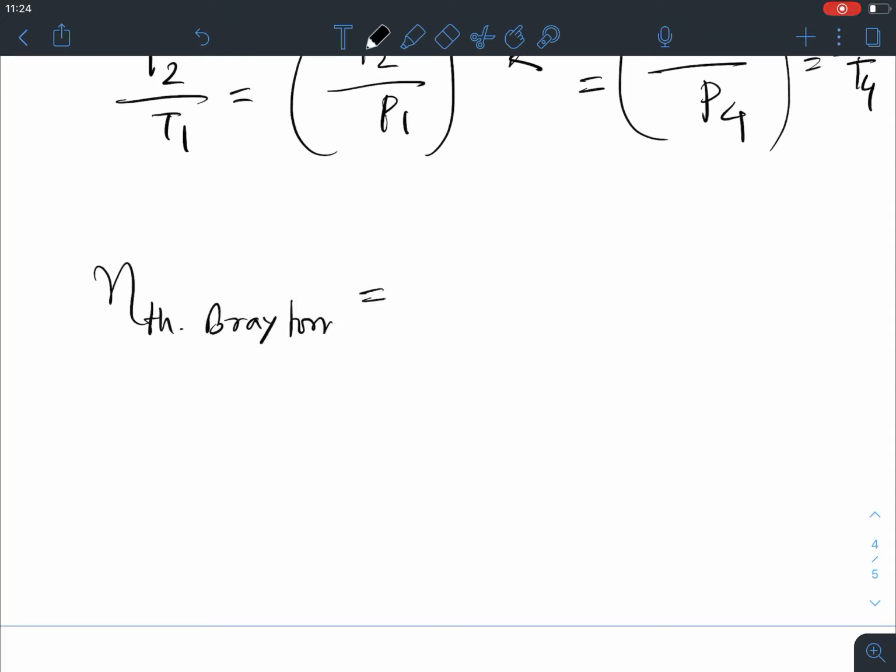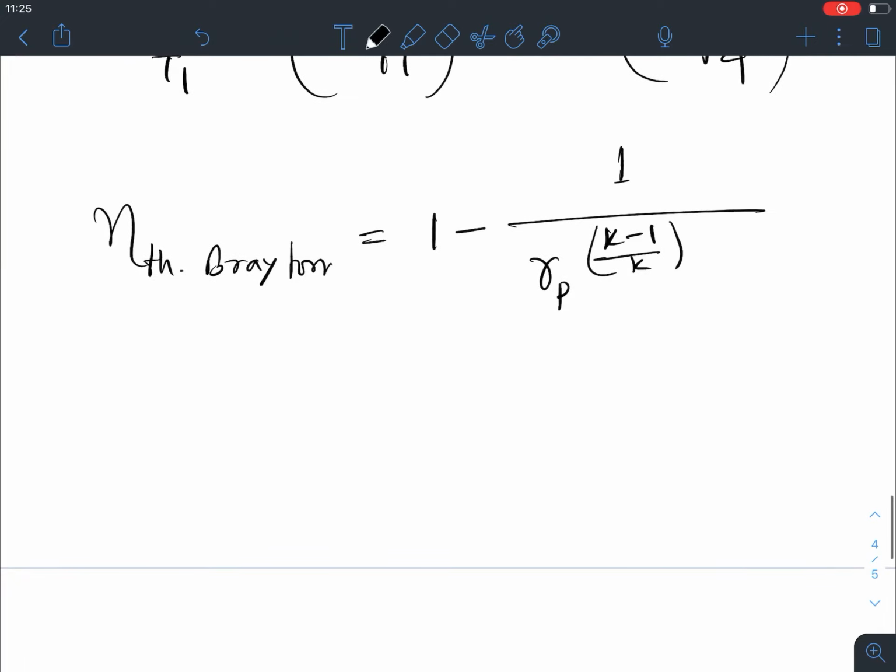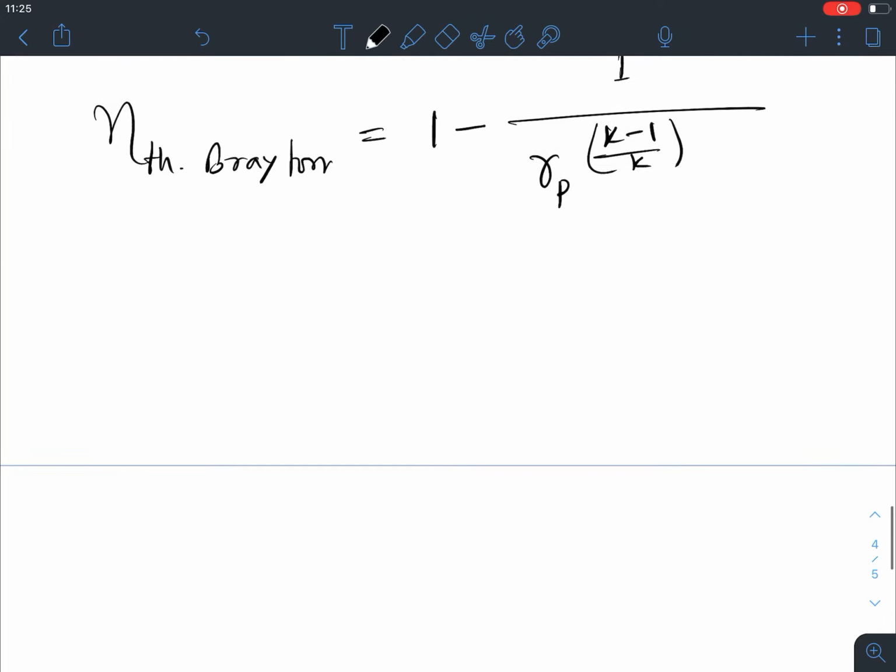So if we plug in all those values, the thermal efficiency of the Brayton cycle will become 1 minus 1 over Rp to the power (K minus 1) divided by K.